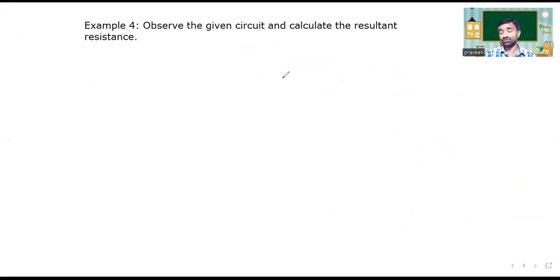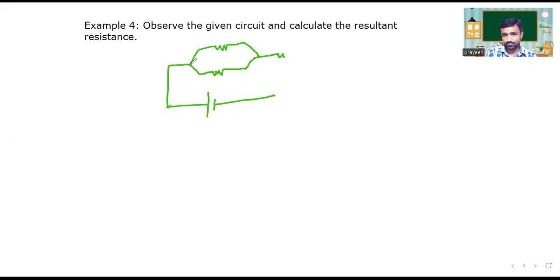Observe the given circuit. What circuit is given here, I am going to draw on the screen now. So the circuit diagram is given like this, as you see on the screen. This is your circuit diagram given in figure number 22.